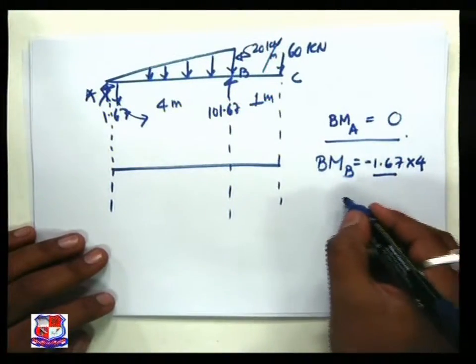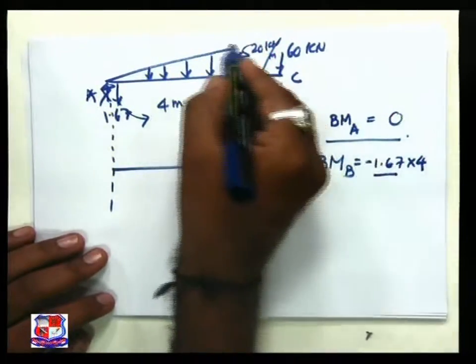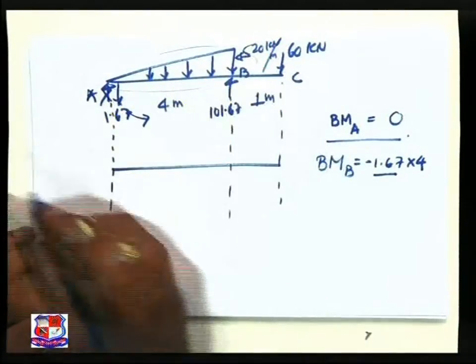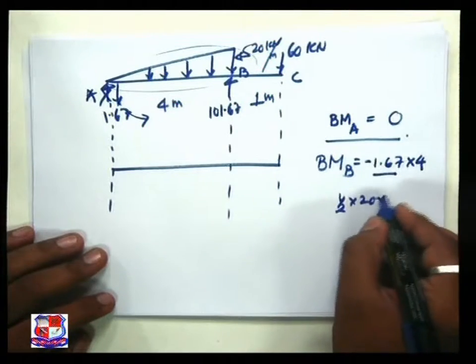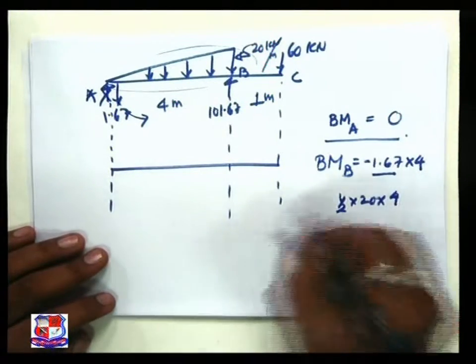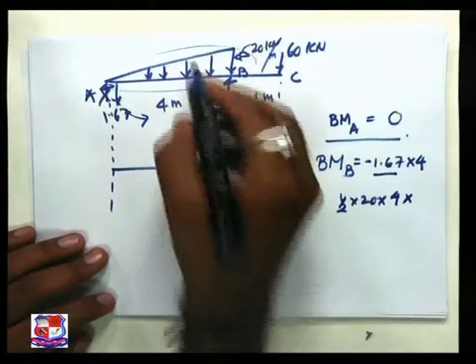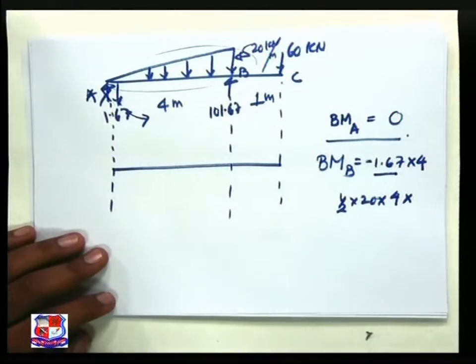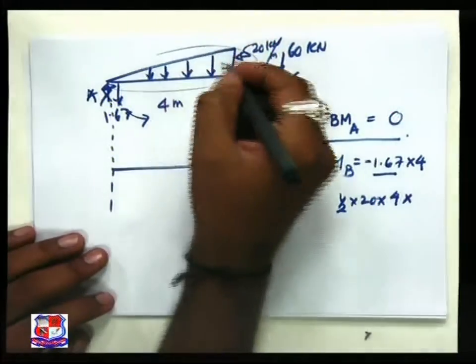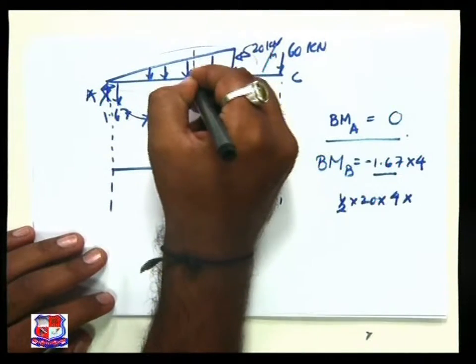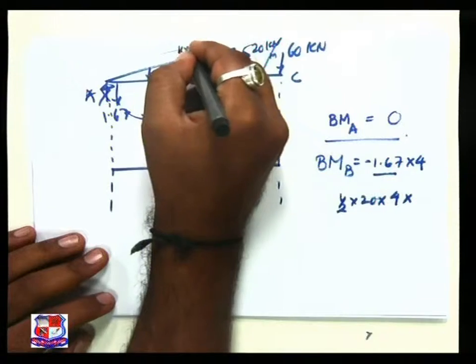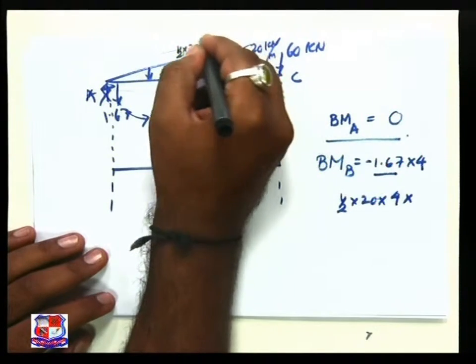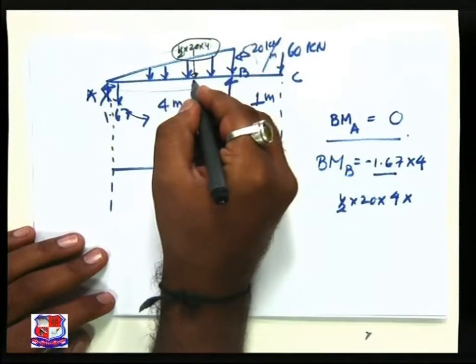Once again, next, another force which is the uniformly varying load. So half into 20 into 4, multiplied by the distance, because this uniformly varying load's equivalent point load, as shown in the PPT figure, is half into 20 into 4, acting at the CG.